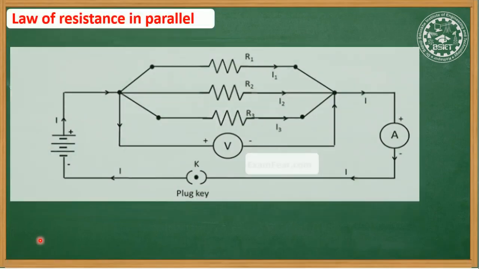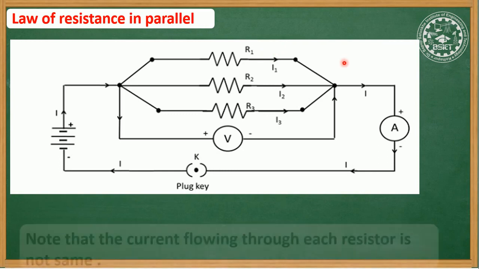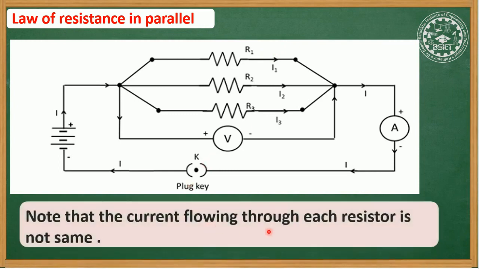Now see, this is our circuit which we are considering. Now what happens, the current flowing through each resistor is not the same.